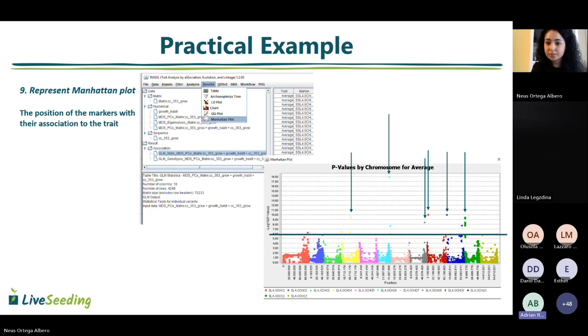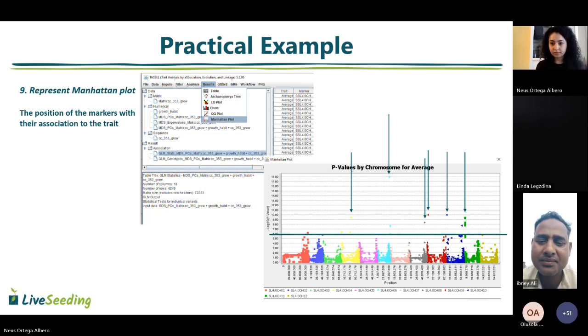Exactly. If it is over the 6 value, then you can trust that there is something real in this, or this, or this, in this part of this chromosome related to the expression of the trait. Maybe it's a bit complicated to explain how this statistical proof works, but it's just a question of statistical trust.